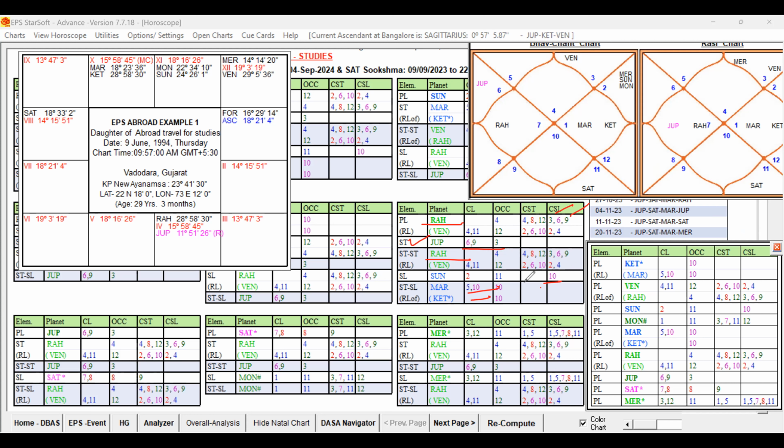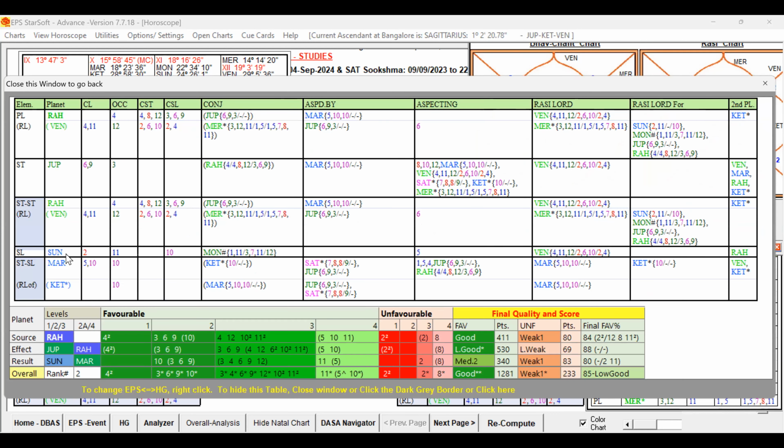Now, the Sun is not having these 3, 9 or 12, but it is having 2 and 11, good houses. If it is having a ruler link in support, definitely that will support also. Suppose you open Rahu's EPS table, then we can see the sublord is Sun, and the Sun has Moon in conjunction.